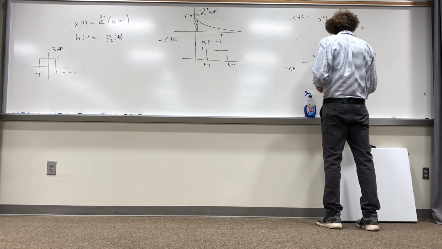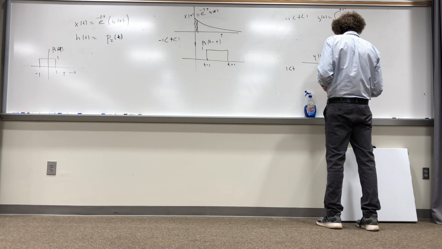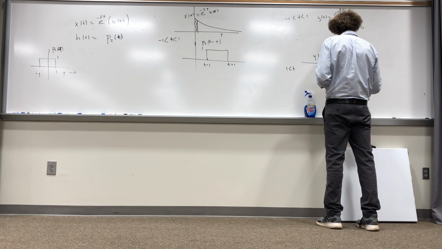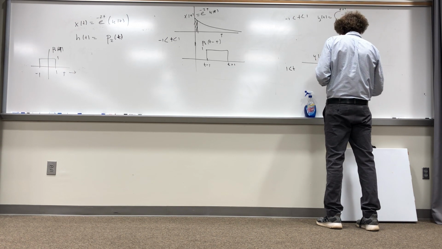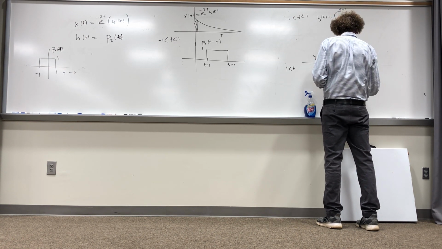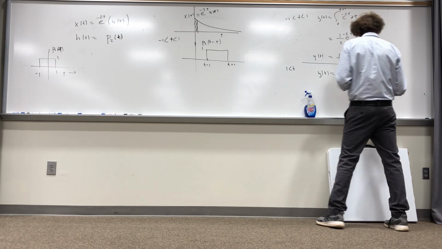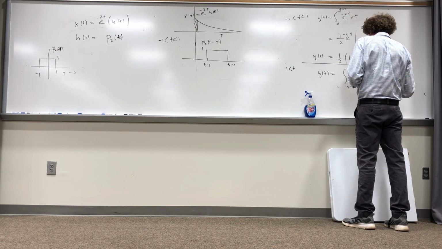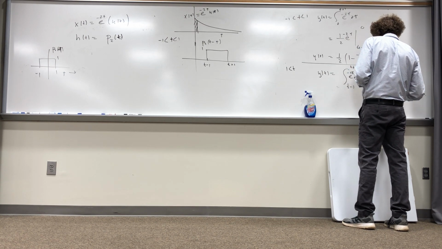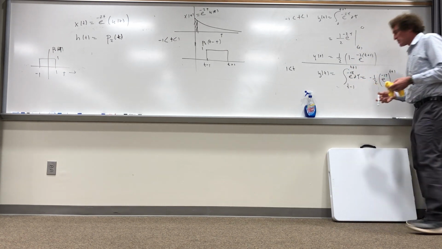But now it's going to be the integral from t minus 1 to t plus 1 of, I'm sorry, of e to the minus 2 tau d tau. And that's going to be minus 1/2 e to the minus 2 tau, evaluated from t plus 1 to t minus 1. Do you all agree with that?